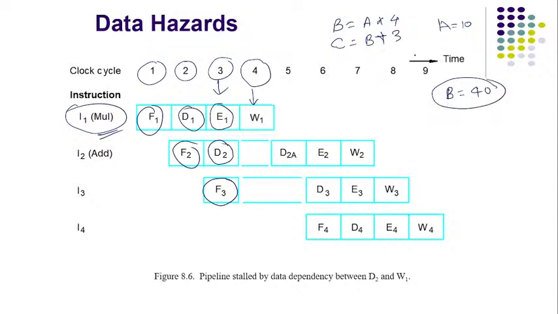So execution unit means it will perform the operation. Execution unit means it will take the value of A into 4, so 40. It is just performing the operation, it is not writing the result. Write result means it is writing the result back to some register.